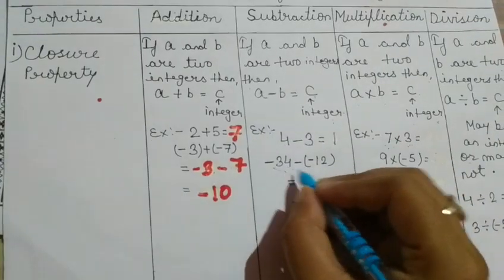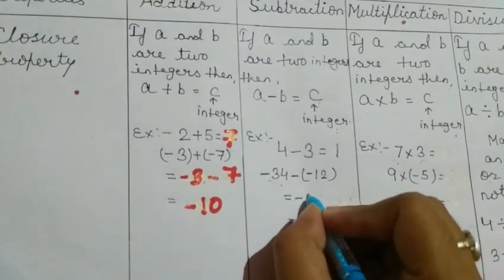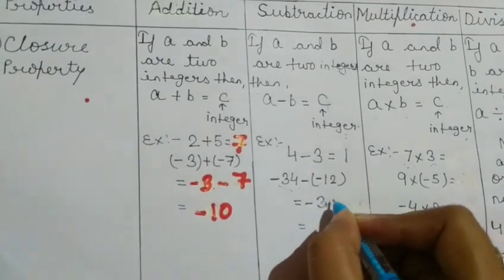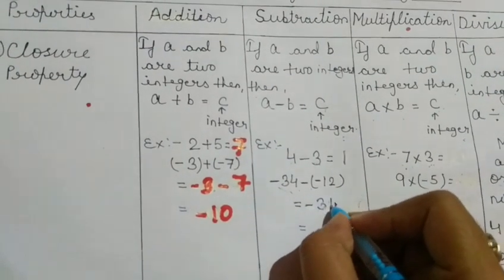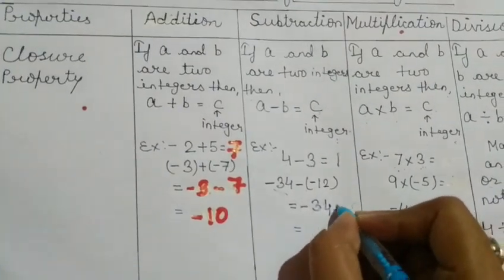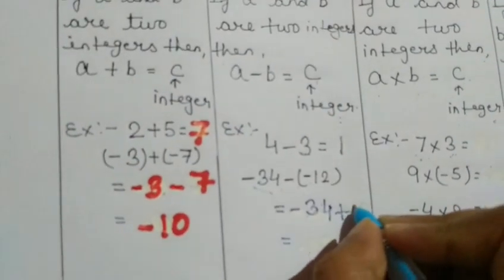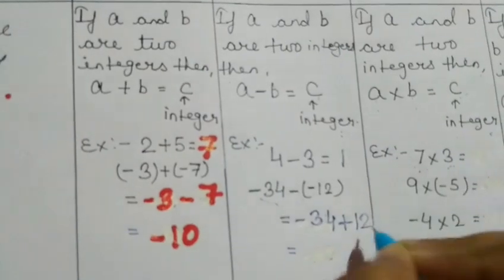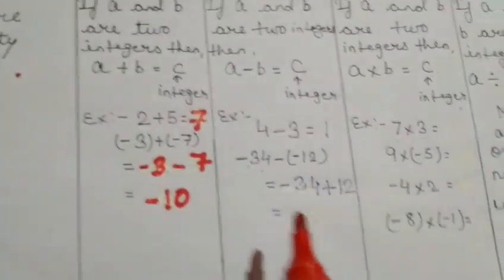What is the difference? So do here minus 34 minus, of course plus 12. So check it here.